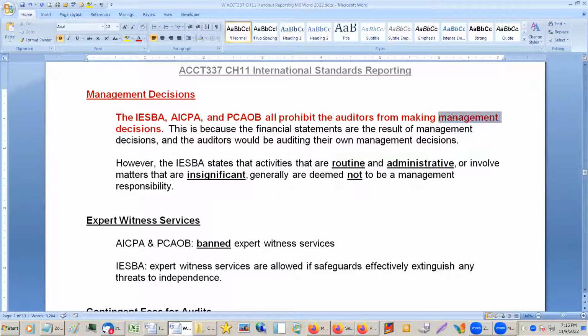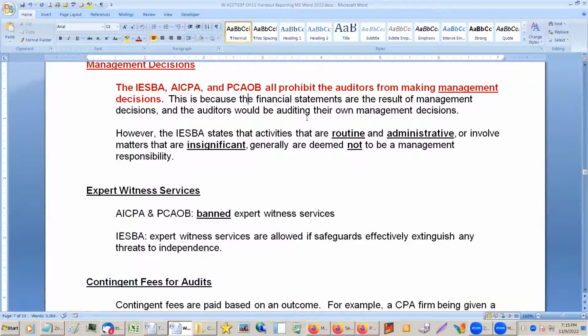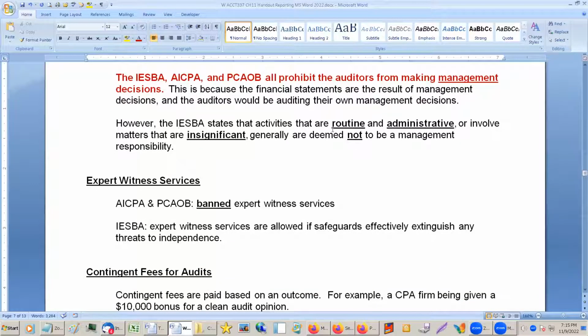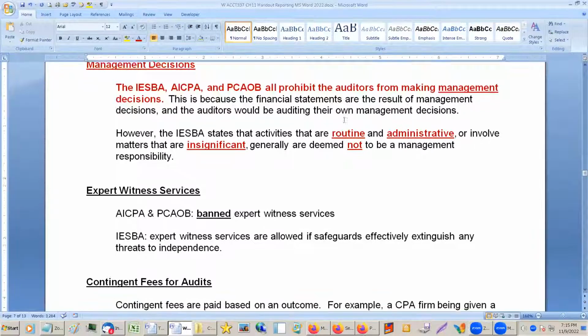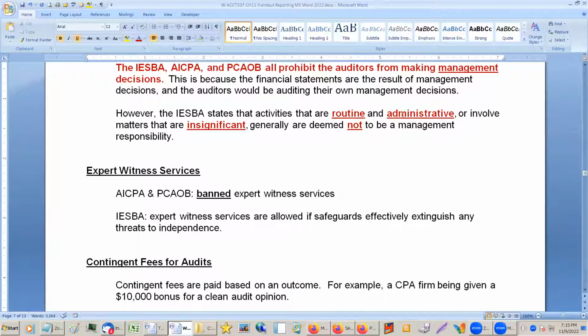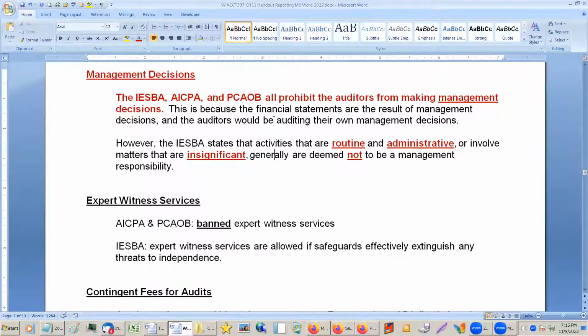So you cannot make management decisions if you're an auditor. The international standards make an exception: if they are routine, administrative, or insignificant, those are not considered to be management. So it is possible that if you're doing something for the client that's routine, administrative, or insignificant, that is not considered management, but that is not allowed in the US.